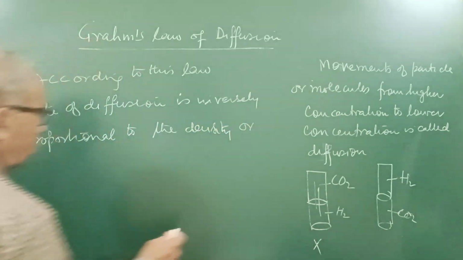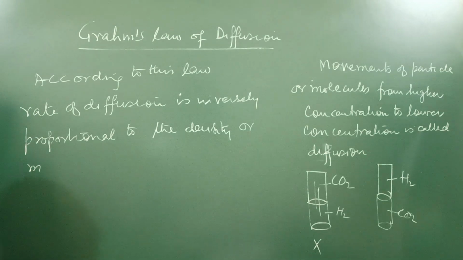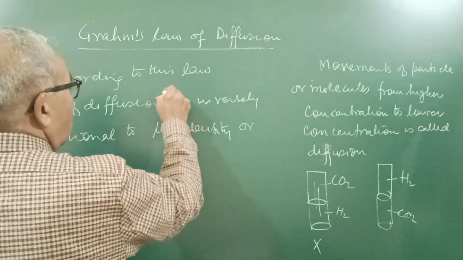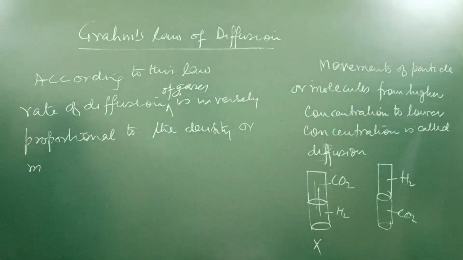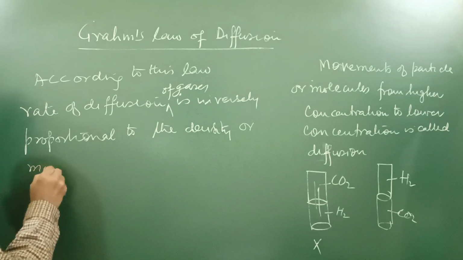Or, according to this, the rate of diffusion of gases is inversely proportional to the square root of density or molecular mass.